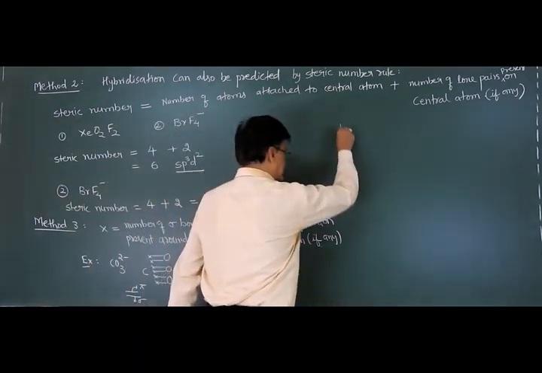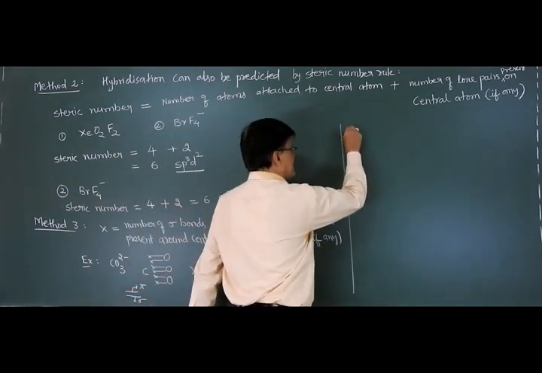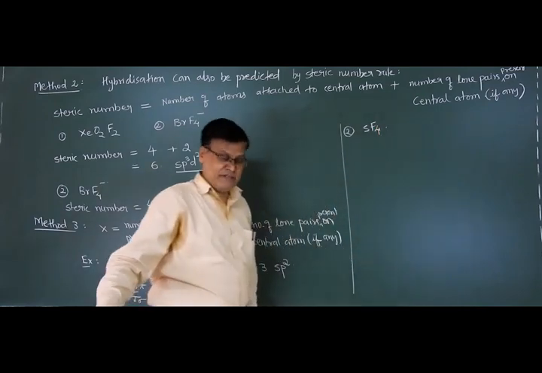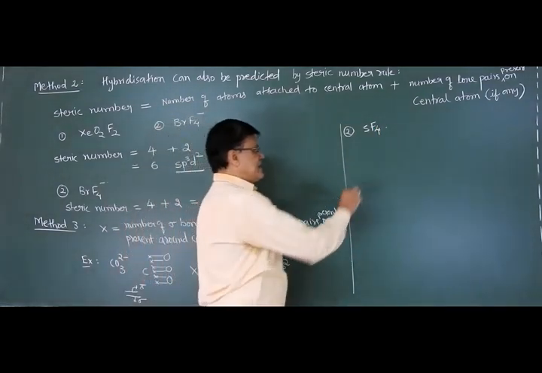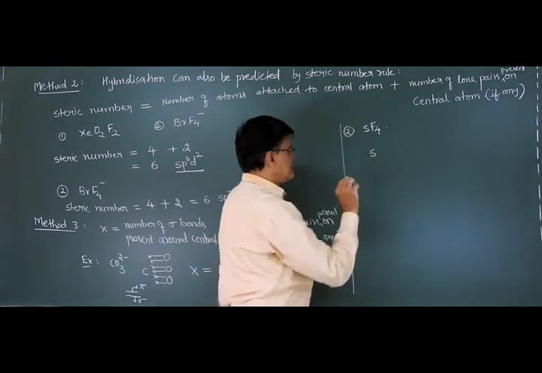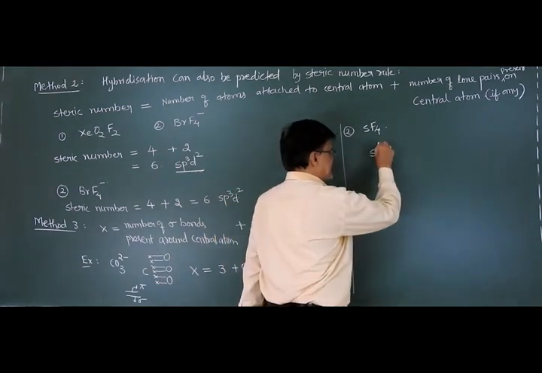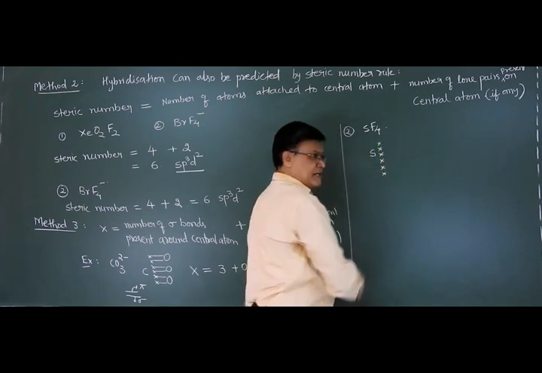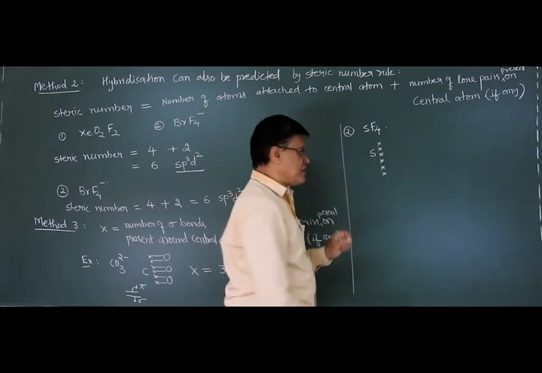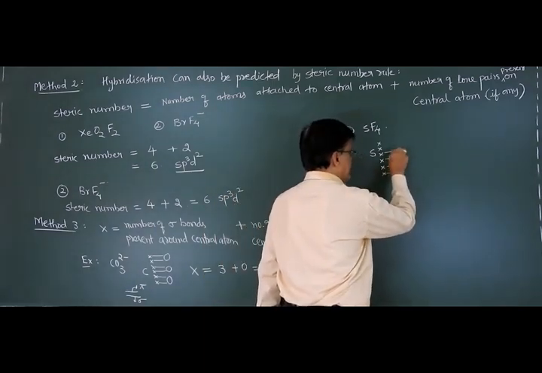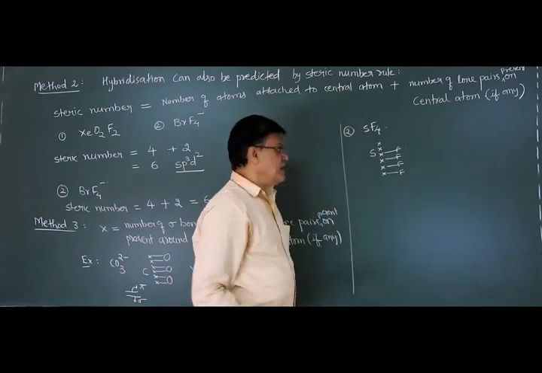Last example we discuss. Take the second one, SF4. Already solved. Discuss this one. Sulfur: how many valence electrons here? 6. 1, 2, 3, 4, 5, 6 electrons. Fluorine always forms a single bond. 1, 2, 3, 4. Clear?